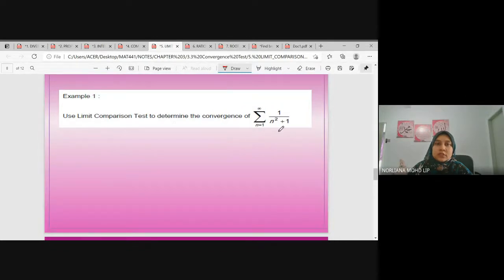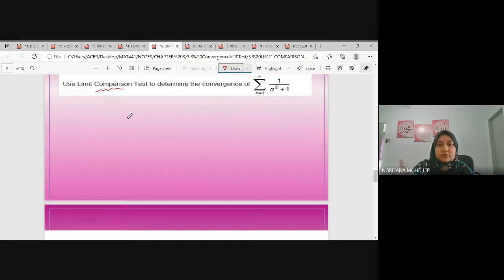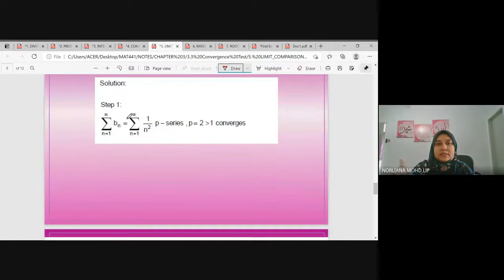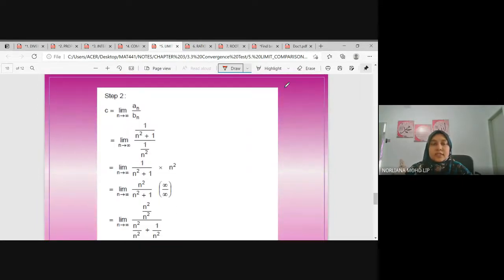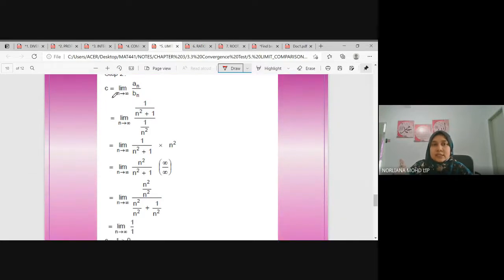Okay, contoh dia yang ni. Using limit comparison. First find bn. The bn is from p series, p is equal to 2, greater than 1. So it is converge. And then find c, limit of an over bn.